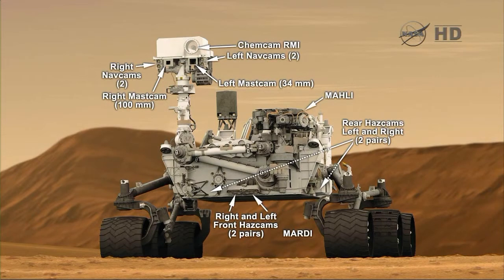And then fixed to the body of the rover, and they can't move other than with the rover as it moves around, are the Hazcams, the hazard cameras, which are used to look for where to put the robotic arm and also to look for hazards as the vehicle is driving. There are 2 pairs on the front and 2 pairs on the back. And finally, there's the descent camera, the MARDI, which is off on the side there. And one of the wheels will actually show up in the MARDI data.